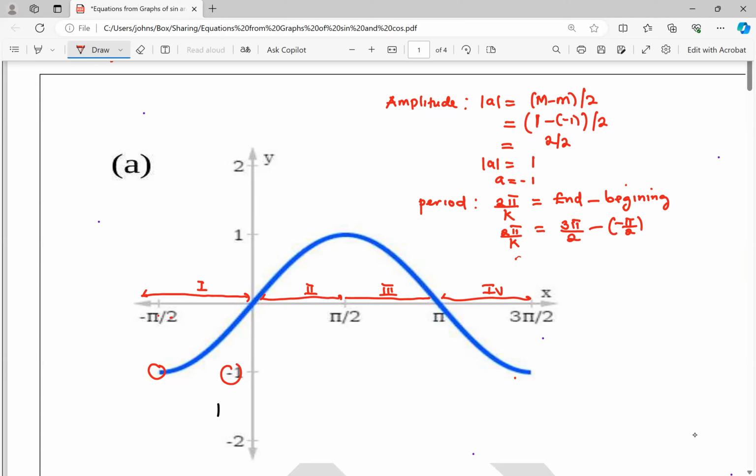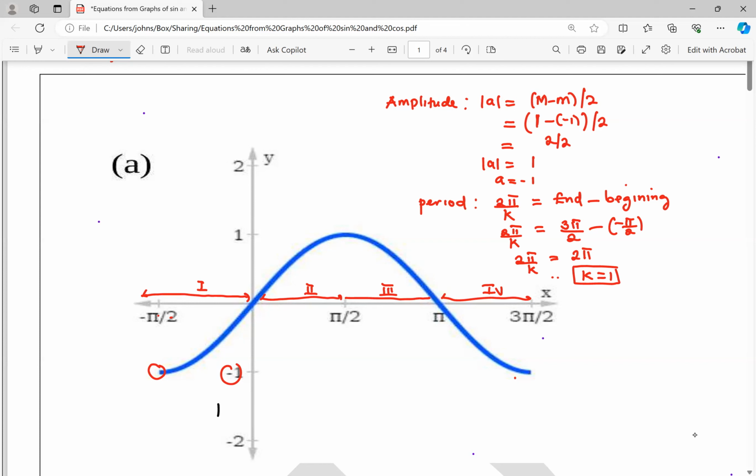So we will have 2 pi by k equals to, this is going to be 2 pi, because you have 3 pi over 2 plus pi over 2. So it's just going to be 2 pi. And this means that k is equal to 1.